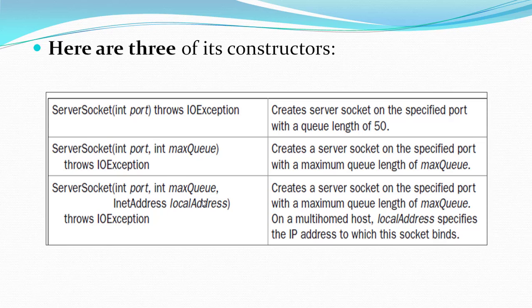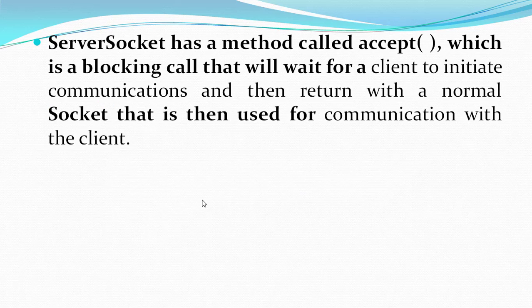These are the three constructors for ServerSocket. ServerSocket has a method called accept, which is a blocking call that will wait for a client to initiate communications and then return with a normal socket that is then used for communication with the client.